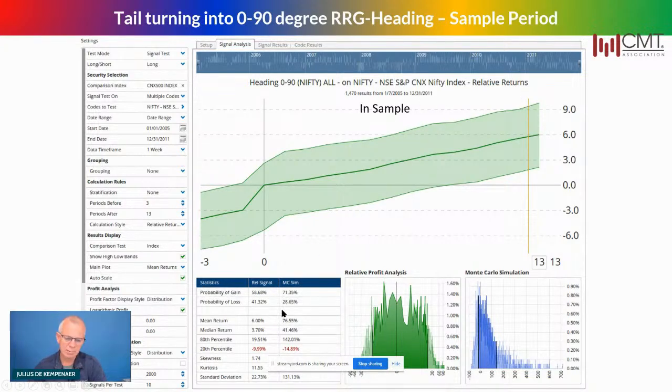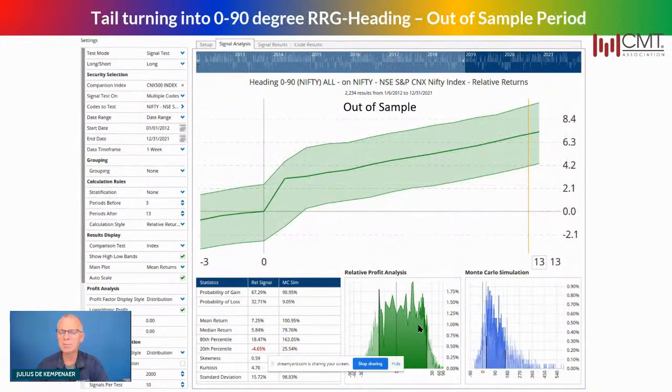And you can see that the results are actually pretty good. Mean return 6%, 6% probable gain. The results are nicely skewed to the right, because that's what you want. You want more positive results than negative results. And if we do that out of sample, you can see that this actually holds up. These are a couple of things you can do with those derived indicators, if you wish.